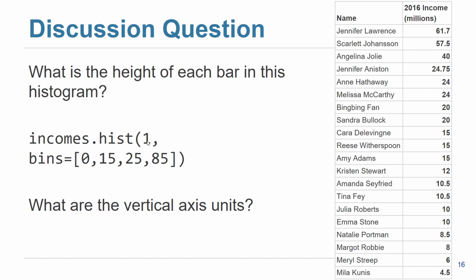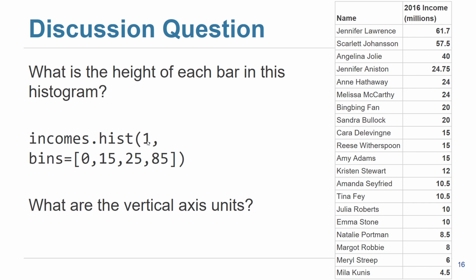So the percentage is 9 over 20, which is 0.45, right? Of course, so the percentage is 45%, divided by what is the bin size here? 15.